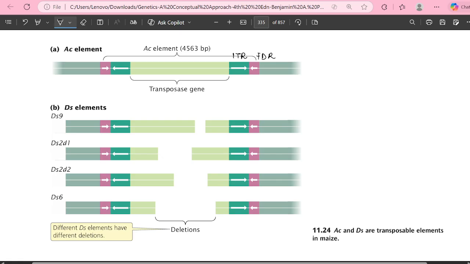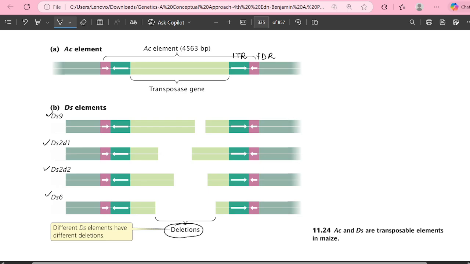The DS element is the modified form of the AC element. It consists of DS9, DS2D1, DS2D2 and DS6. All of these elements have deletions in their transposase gene. It means that the DS elements cannot produce their own transposase enzyme.